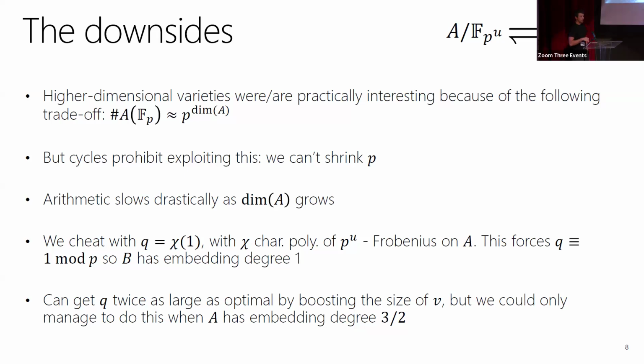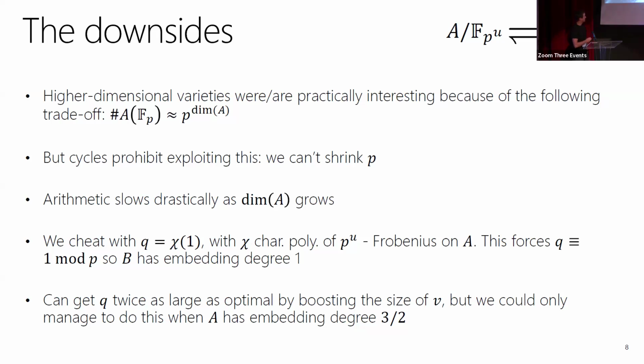Another thing we do in this work, it's not inherent in the approach, but it's something we kind of cheated on, was we set Q to be basically the full group order of the high dimensional variety over F_P to the U. So it's going to be a high dimensional variety, and Q is going to be a lot bigger than P. Ideally, we'd like Q to divide that group order and be prime, so it's a lot closer to P, getting that balance.